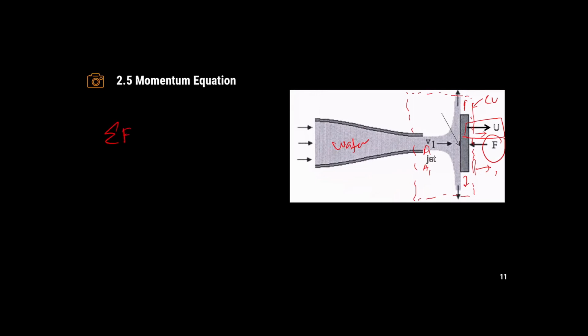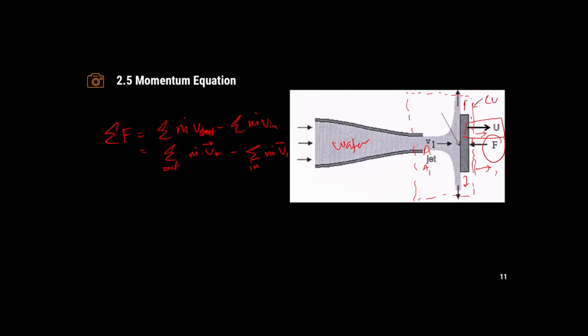So again, you can write the equation. The total force that occurs in the control volume is equal to the momentum of the water out minus the momentum of the water in. Sometimes you can write it like this, out m dot V2 for example, or just V, minus in m dot V1.